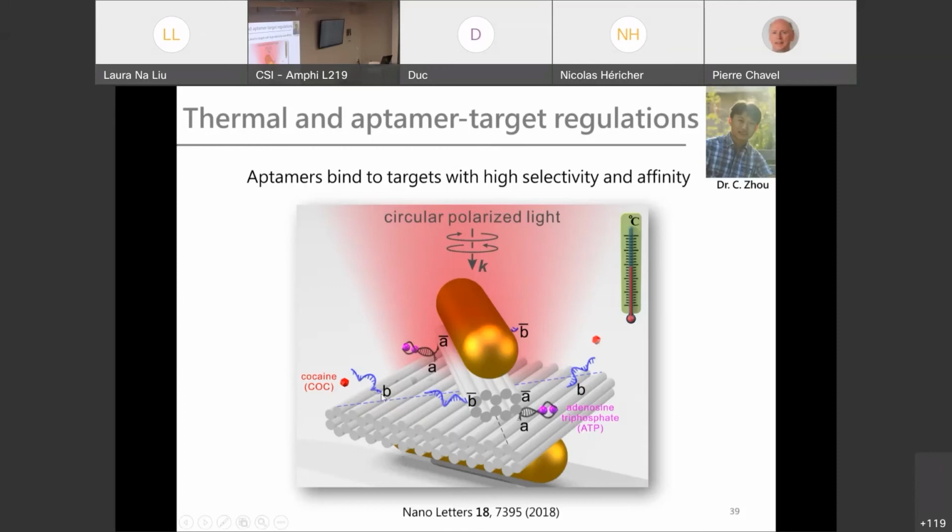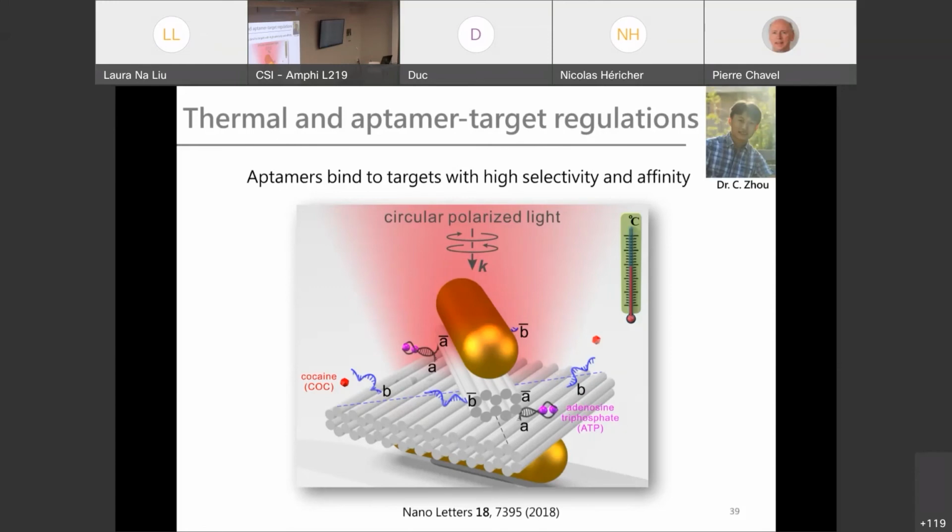For example, this blue one is designed to bind or trap cocaine molecules. Along the other side, we also have another aptamer. It is called ATP split aptamer. It can be used to bind ATP molecules. ATP molecules are the energy currency in our living cells.